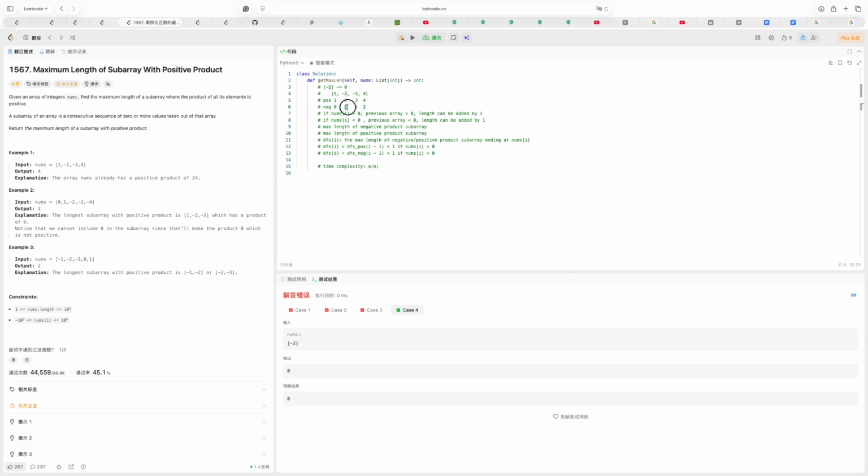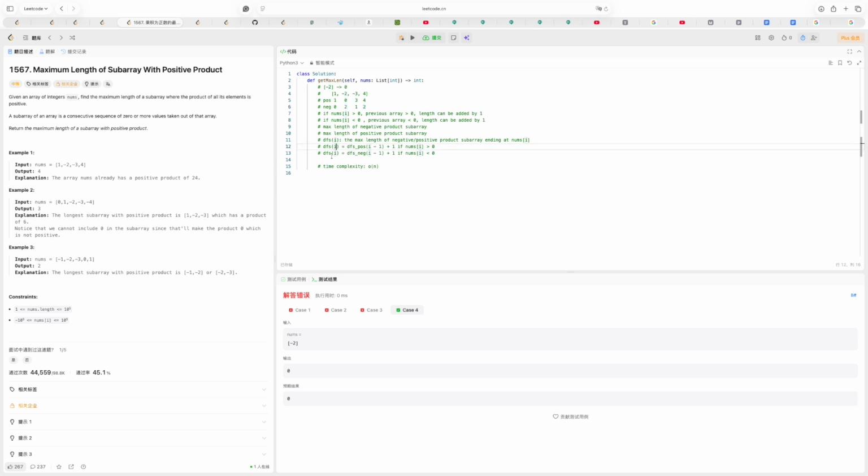Oh, but there's 2 negatives here, and to become a positive, so I'm kind of finding like a state machine thing that is a bit like the product subarray problem.